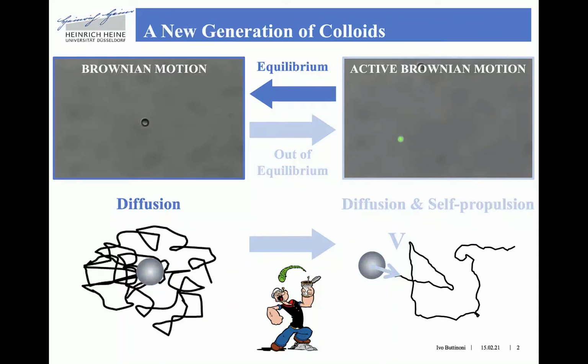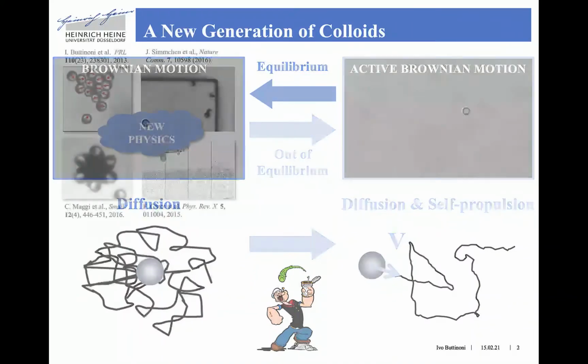So these active colloids are intrinsically out of thermodynamic equilibrium and undergo not only diffusion, but at the same time also self-propulsion. Or in other words, they still wobble around due to thermal fluctuation, but are also equipped with an internal velocity, which I call v in this slide.